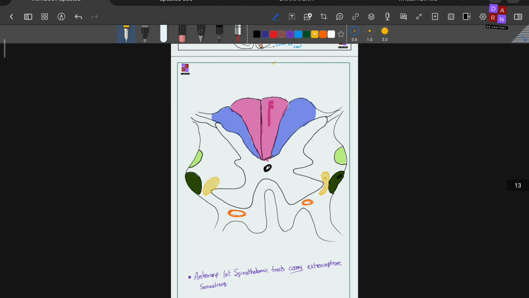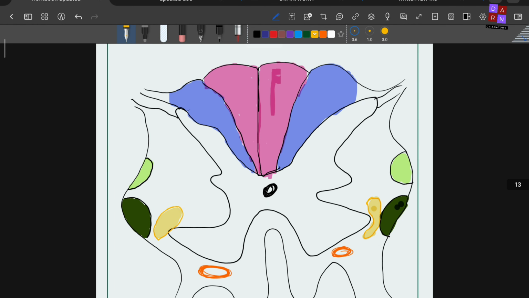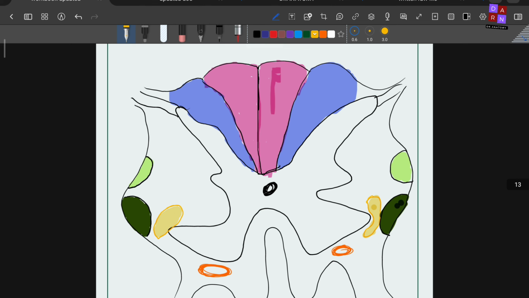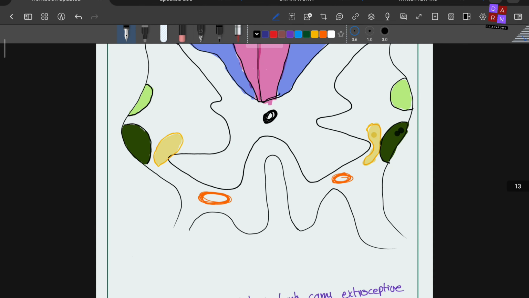Next, here we have a cross section of the spinal cord. From here we will know which tracts are present where. This is your fasciculus gracilis. This is your fasciculus cuneatus. Anterior spinothalamic tract.